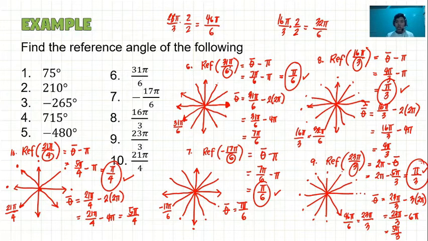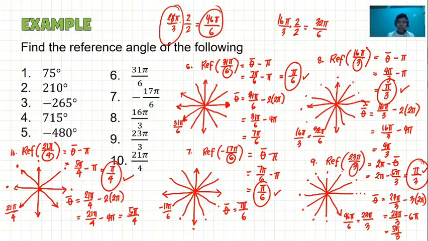But take note, the angle should be expressed in lowest terms. Because suppose we have 46 pi over 6, the reference angle is pi over 3, because the lowest term of 46 pi over 6 is 23 pi over 3. So you need to make sure that the angle is expressed in lowest terms. Okay? So that's it for this one.